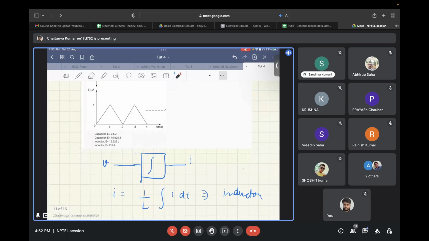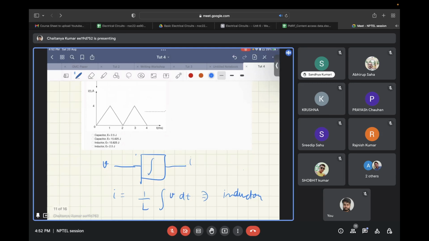Now, the element which does the integration is the inductor. So for an inductor, current and voltage are related through the equation i equals 1 by L times integral of v dt. Hence, the element is an inductor.